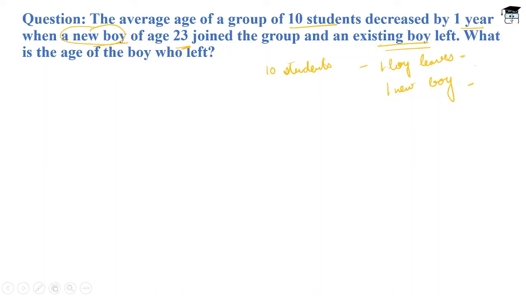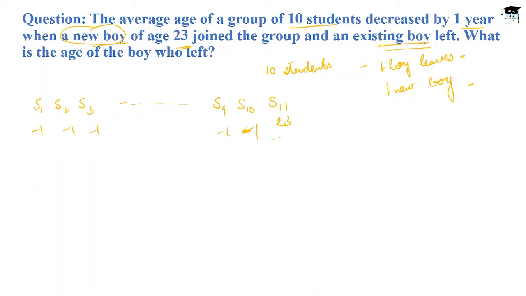All right, look, the total students are 10. So we'll write S1, S2, S3 till S9, S10. All right. Now, the average age of a group of 10 students decreased by 1 year. What is happening? It is decreasing by 1 year when a new boy of age 23 has joined the group. So, S11 is coming and of age 23.